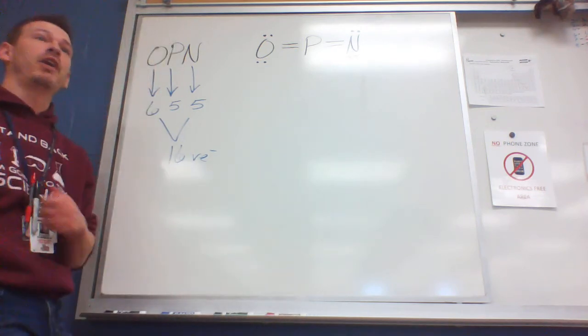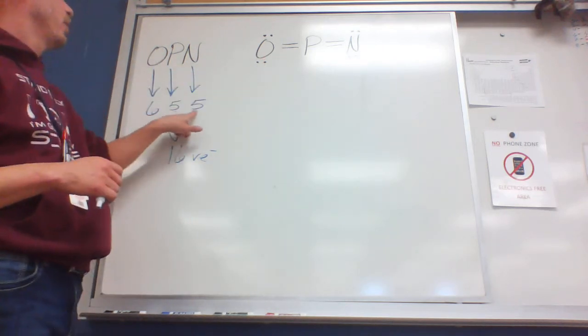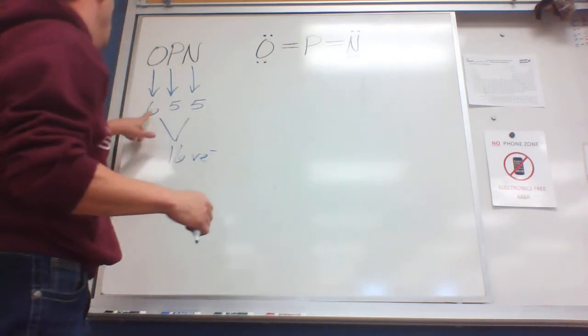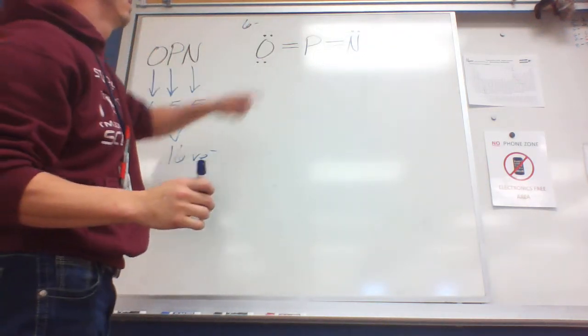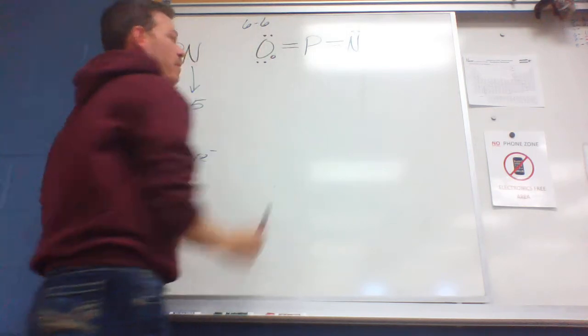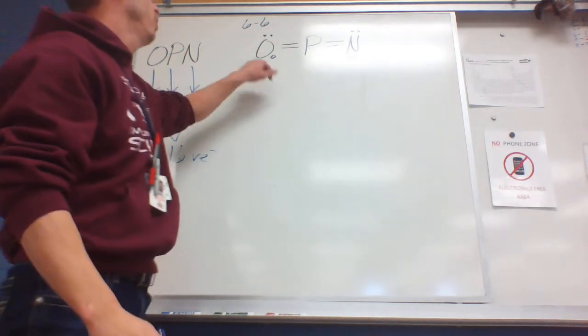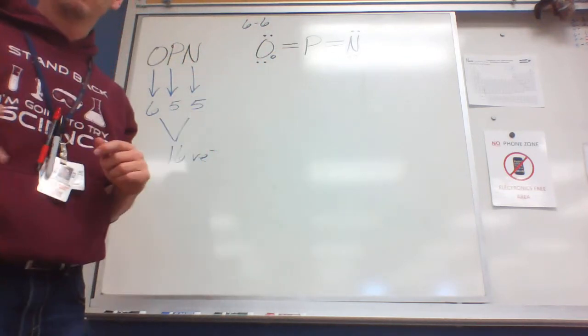So let's take a look at formal charge. Let's start with oxygen. You already have their periodic table values in your notes. So oxygen is going to be 6 minus how many? 6 is 0. Does everybody see how I counted 6? 1, 2, 3, 4. Every line gets half. 5, 6.